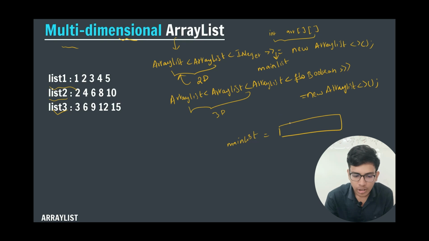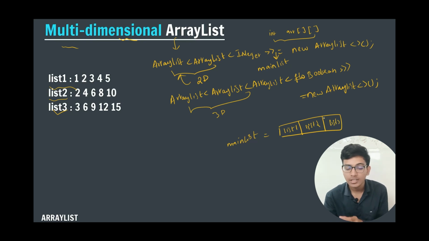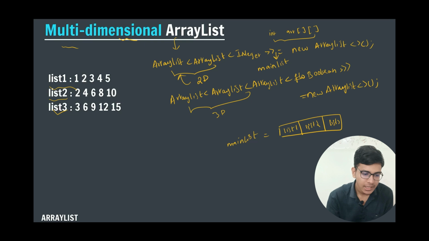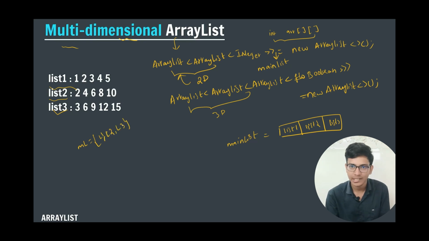So this will store list 1, then list 2, then list 3. List 1, list 2, list 3 will point to the integer values, and main list will store the array lists. You can consider that here main list is a universal set, and list 1, list 2 and list 3 are the subsets of my main list. You can imagine it like this also.